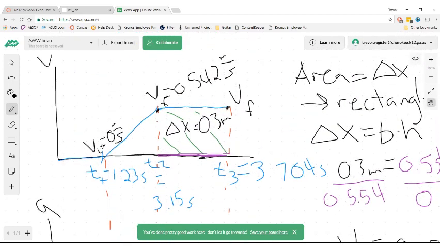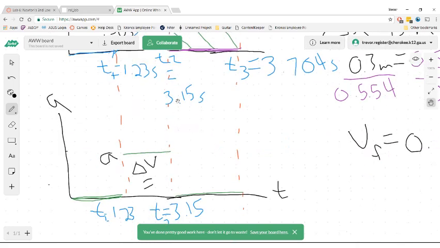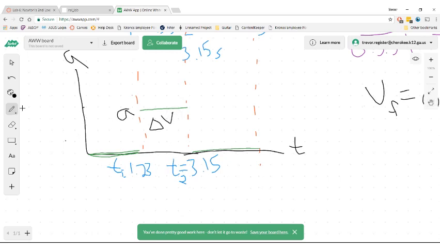The velocity goes from 0 to 0.542, so that's a change of 0.542. So my change in velocity here is 0.542. And so that, again, is the area of this rectangle.